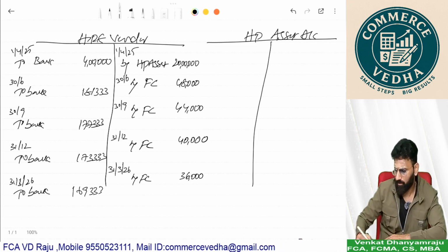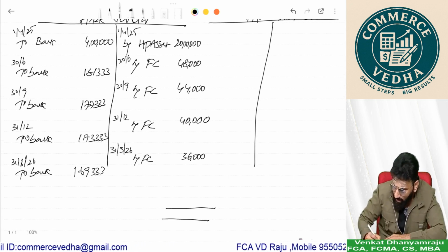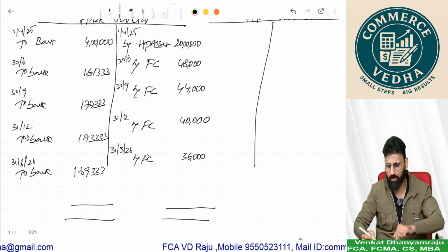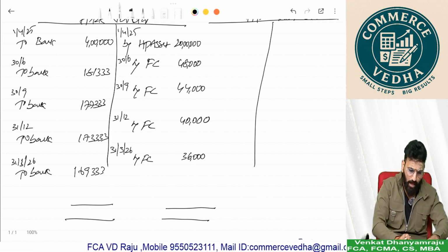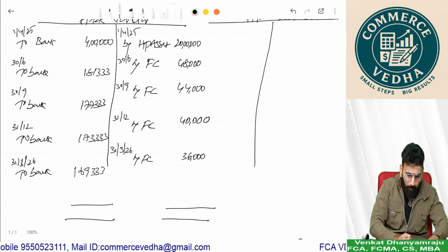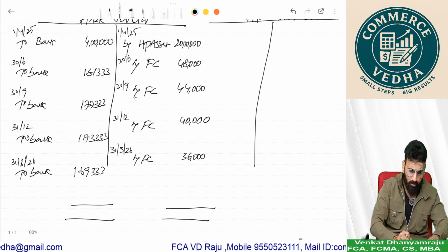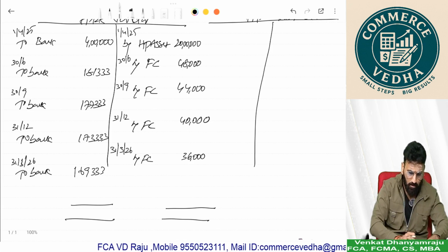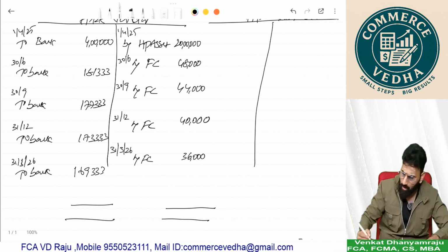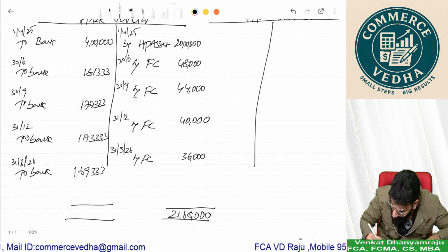169,333. So if you see the total at the end of the year, what is outstanding from this guy is 20 lakhs plus 48,000 plus 44,000 plus 40,000 plus 36,000, 21 lakhs 68,000 on the credit side.